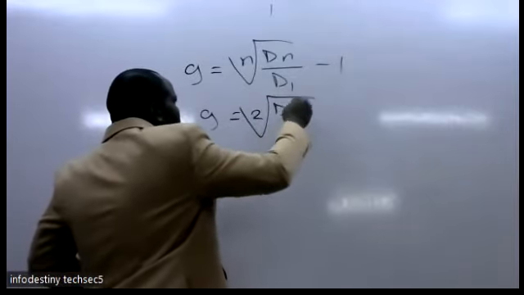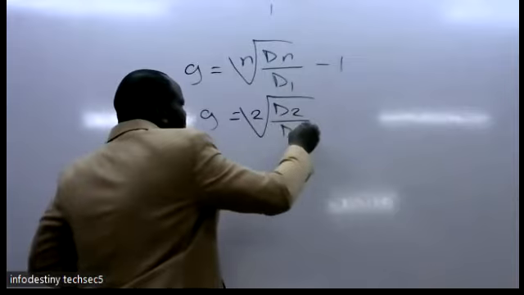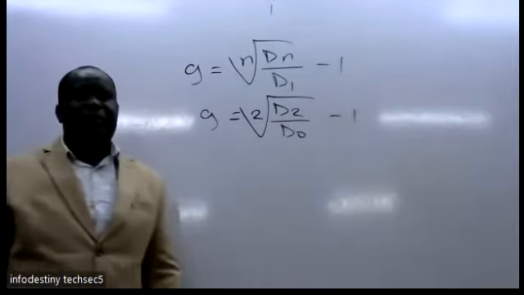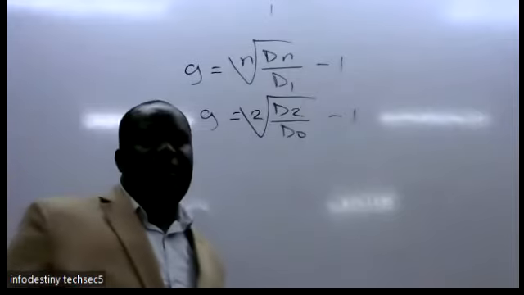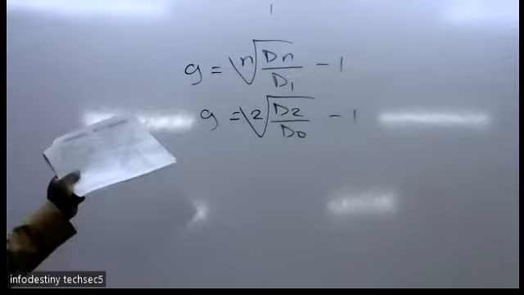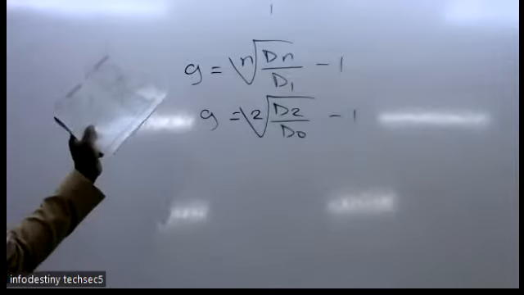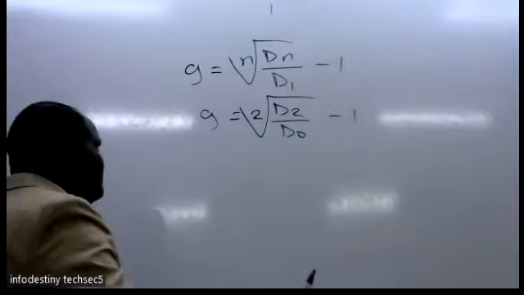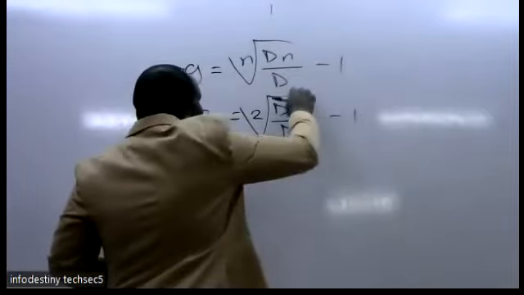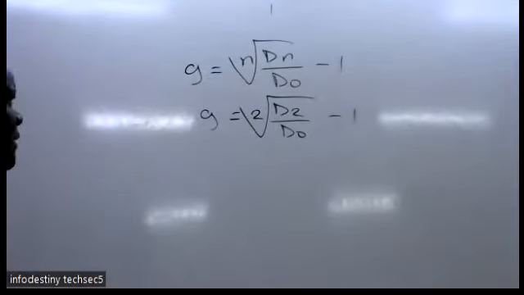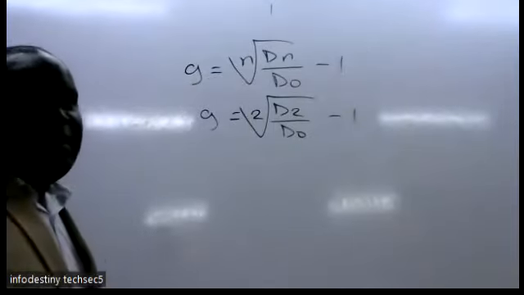Then D2 divided by D0, then we minus 1, in that order. So D2 is now our Dn, and this one is 0, sorry, not 1. It is D0. We express it in that manner.